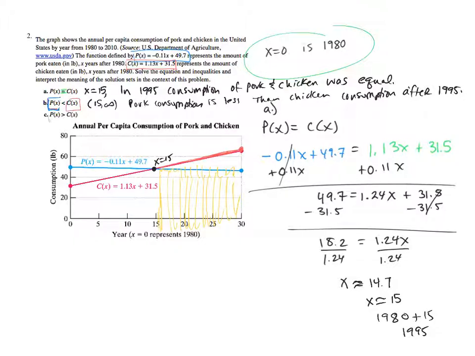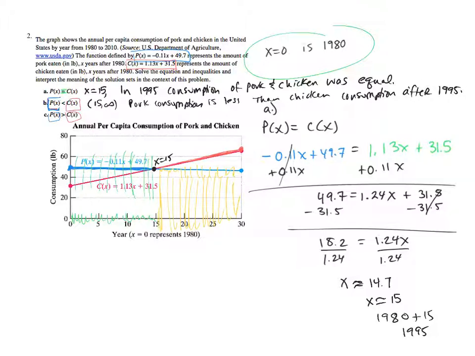And then here, when is pork greater than chicken? Well, on the graph that shows up as the function for pork up above the red line for chicken. And so here our function really is only going from year 0, so 1980, up to 15, up to 1995.